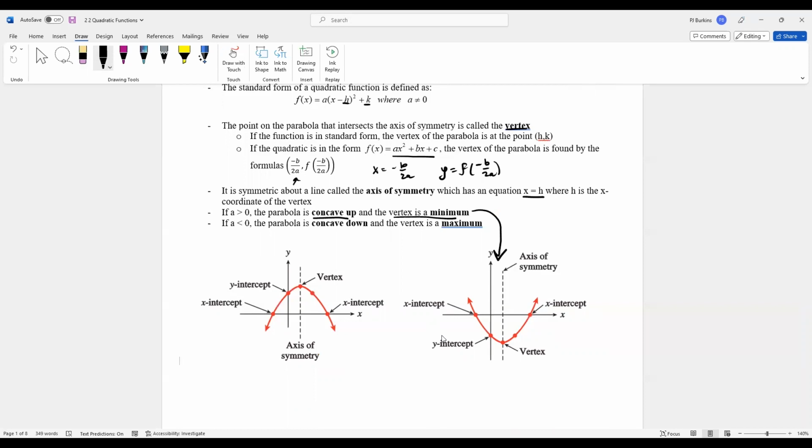If the constant a is greater than 0, then the parabola opens up, which means it's concave up, and the vertex is a minimum. Now, if the constant a is less than 0, then the parabola is concave down, and the vertex is a maximum. And that's this image right here. So this opens down, and the vertex is a max.